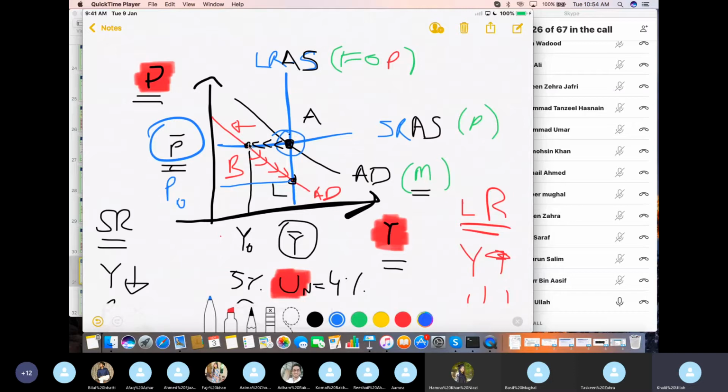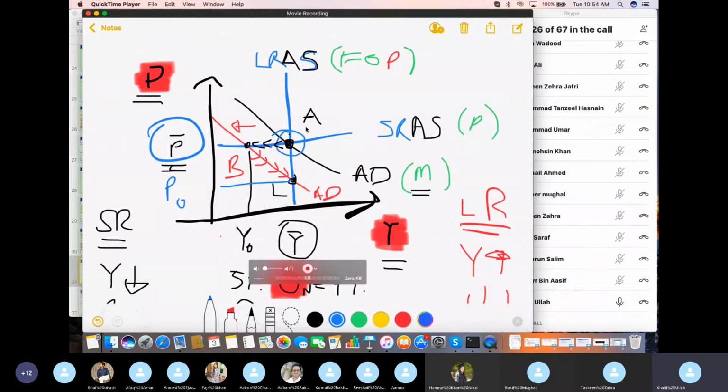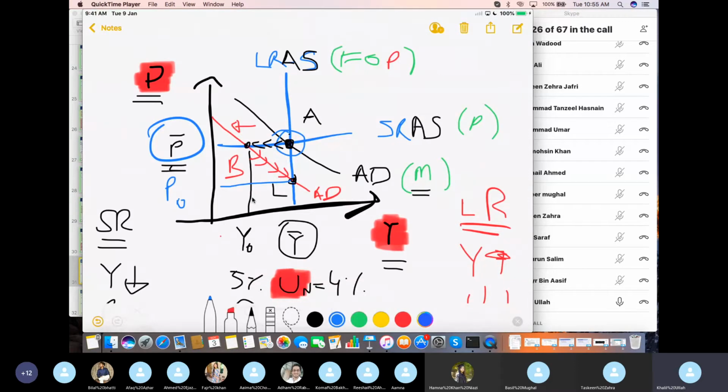For the time being, what I want you to understand is that whenever an external shock happens to the economy, it moves the economy away from its original equilibrium of A. It could be B or it could be someplace else. But it moves the economy away from its original equilibrium.